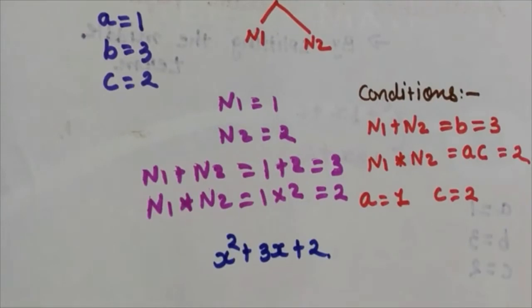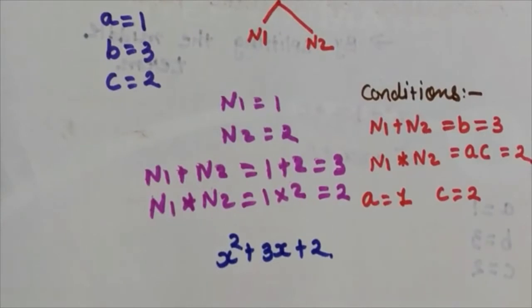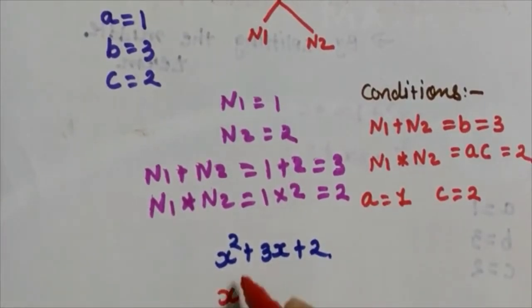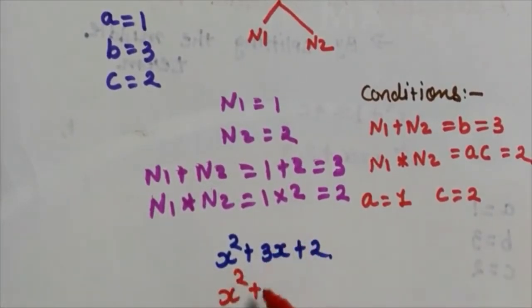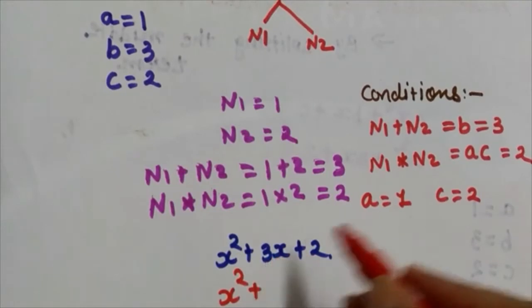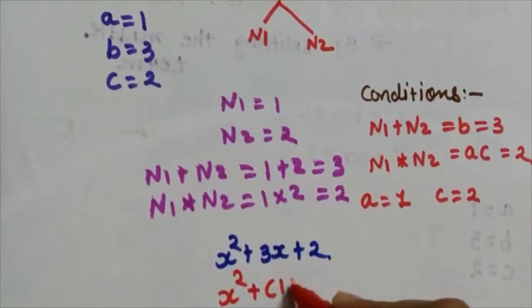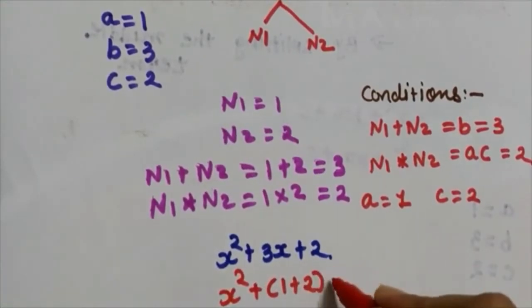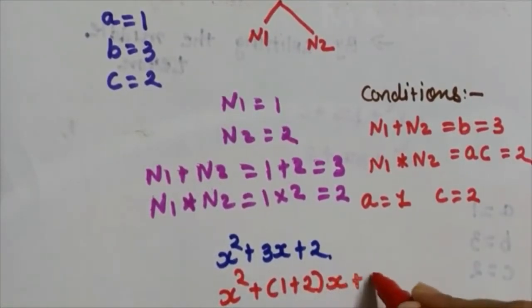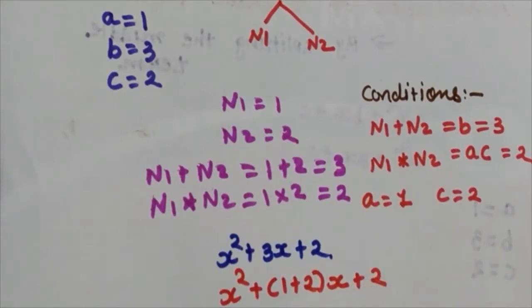Now let's factorize x square plus 3x plus 2 by splitting the middle term, that is 3x. So we can write like this, x square plus, instead of 3 we will write the combination of 1 and 2, just like this, and then we'll write the x and last constant 2.